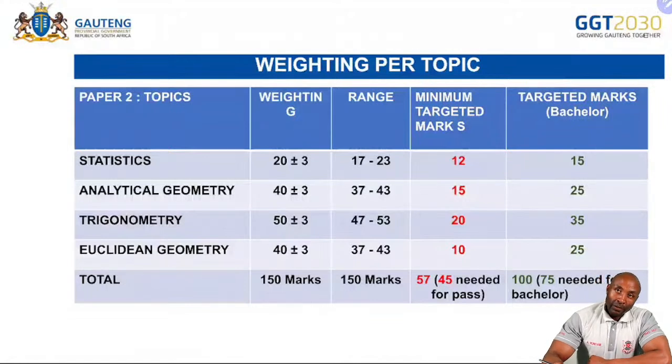Now, in order for us to get 45%, we need at least 57 marks, in which in statistics we must get a minimum of 12, analytical geometry a minimum of 15, and trigonometry a minimum of 20, and Euclidean geometry a minimum of 10. If we are aiming for a bachelor pass, those are the targeted marks. So as we do activities, let's always check if we are able to meet the target.